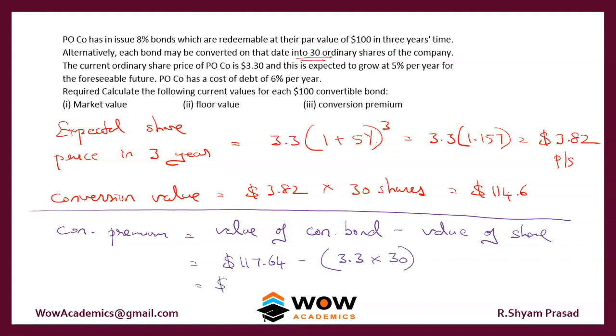But how much are we paying additionally in terms of the share? We would be paying 18.64 as the premium. So rather than buying the share, how much extra we pay for the convertible bond with the share option? We are paying 18.64 higher. So that is called a conversion premium.